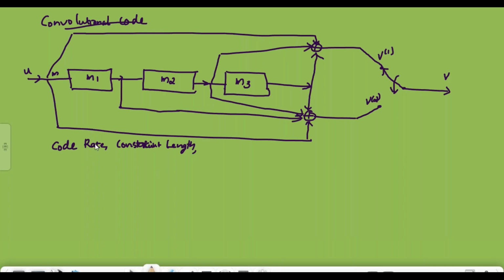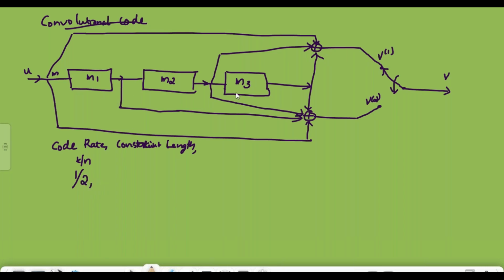Here the code rate is k by n. Here k is equal to 1, that is, corresponding to each message bit we are generating two outputs, v1 and v2. There are two adder elements here, therefore 1 by 2 is its code rate.